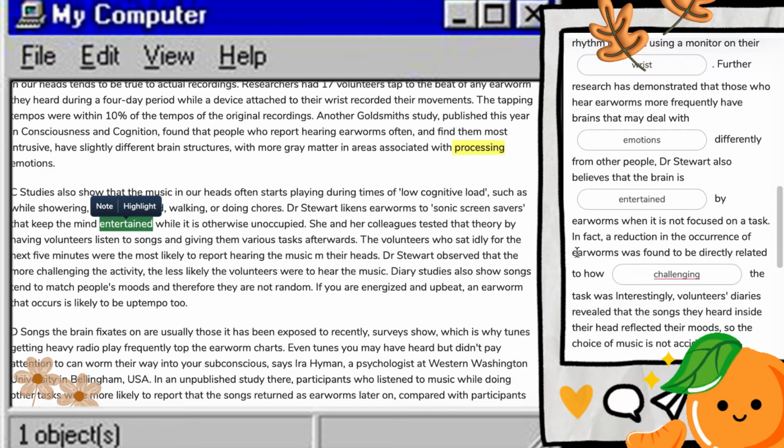Next, in fact, a reduction in the occurrence of earworm was found to be directly related to how blah blah blah the task was. Interestingly, I think there should be a dot right here to divide it between two sentences, but it's not there. So I'm sorry about that.